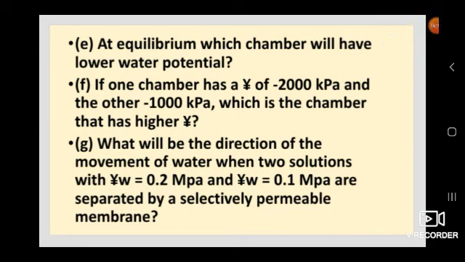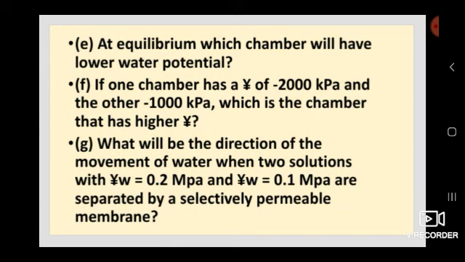If one chamber has a water potential of minus 2000 kilopascals and the other is minus 1000 kilopascals, which is the chamber that has higher water potential?